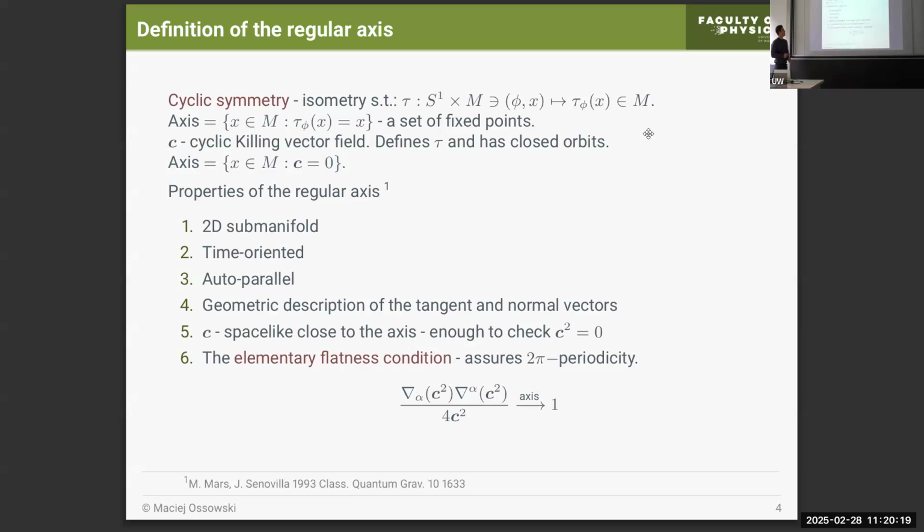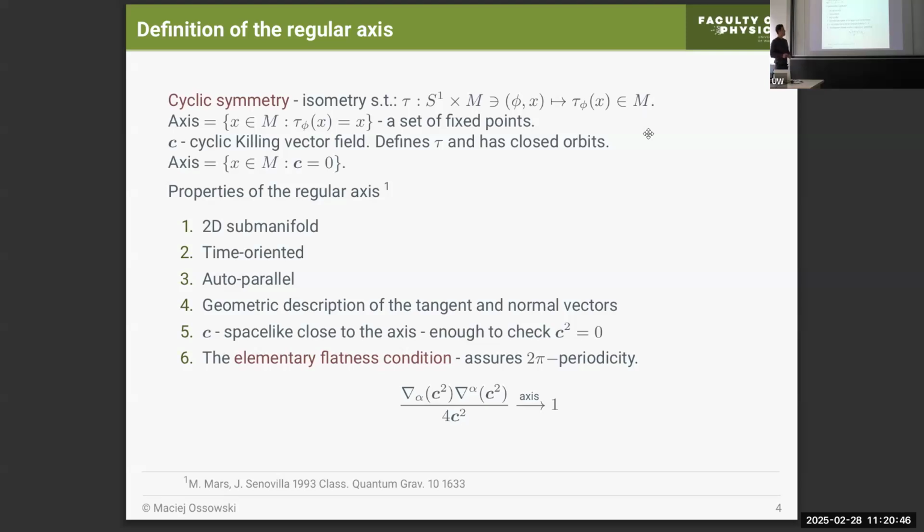This angle is just the angle by which we rotate the spacetime. Then the axis is precisely the set of fixed points of this symmetry. This is easy to imagine. If you rotate a piece of paper, then there's only one place which doesn't move. This is the axis of rotation.